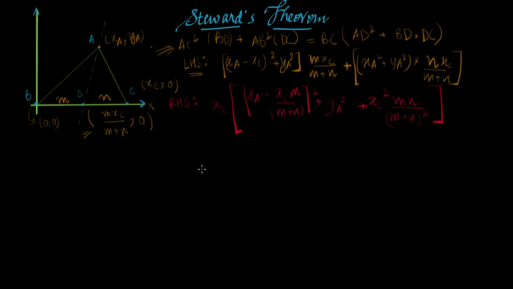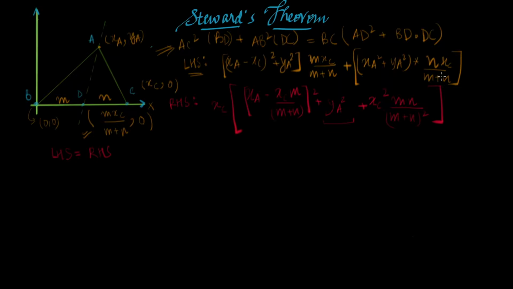Now, let us look at what cancels out, because we want to show that LHS equals RHS, right? So if we have similar terms occurring on both sides, we can simply get rid of them and try to prove whatever remains. I notice a y sub A square present here, and on the LHS we have y sub A square multiplied by this fraction plus y sub A square multiplied by that fraction.